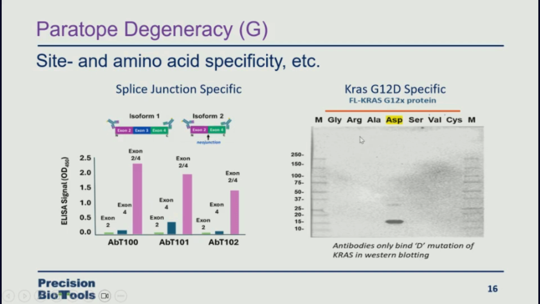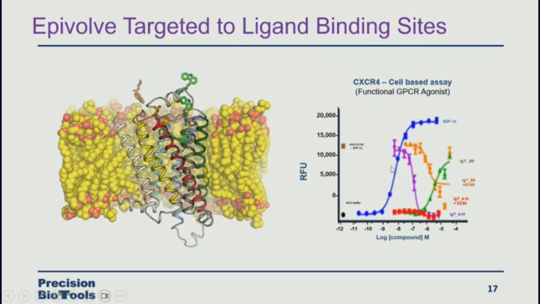KRAS is interesting. The normal position is glycine 12, G12, but it mutates to 6 other amino acids. This is an example where we went after one that was G12D specific. We have the other 4 or 5 in our lab, and I'm showing you this one basically because it's the best, and why would I show you anything but that?